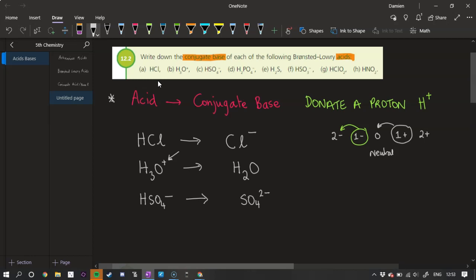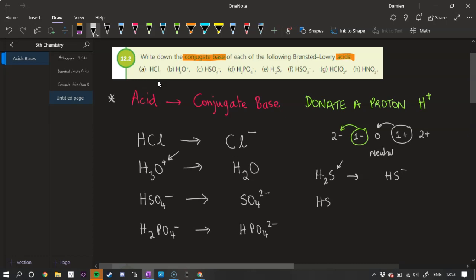The next one is H2PO4-. Again, same thing: we're losing one hydrogen, so we're left with HPO4, and then the negative goes to dinegative. The next one is H2S. So we end up with HS-, because it's neutral up here, so it goes to negative.